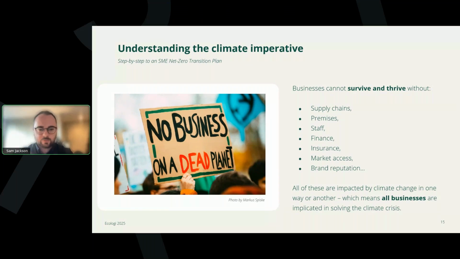To pull out a couple of examples, the physical risk associated with your premises or your supply chains. We've seen a number of times over the past 3-4 years how extreme weather has affected, in particular, the food system. The quality of food, the availability of food, has been incredibly visible for people.